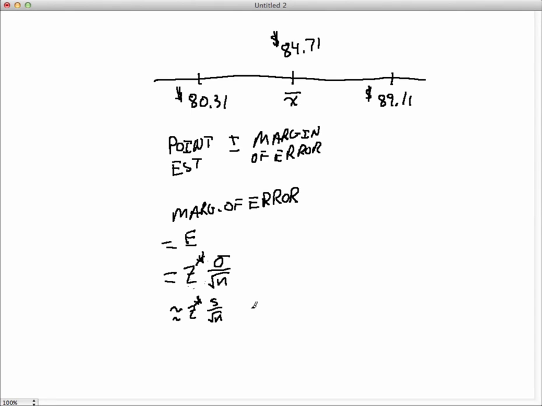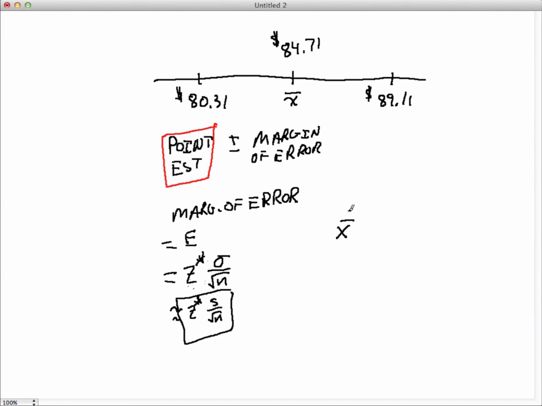Now that's just review. We don't really need that to answer the question here, but it's important that you understand that that's what they mean by the margin of error. It's that piece right there. It's that chunk that we add to it. In other words, a 95% confidence interval for the mean can be created using x bar, which is our point estimate. Let's do a little color here.